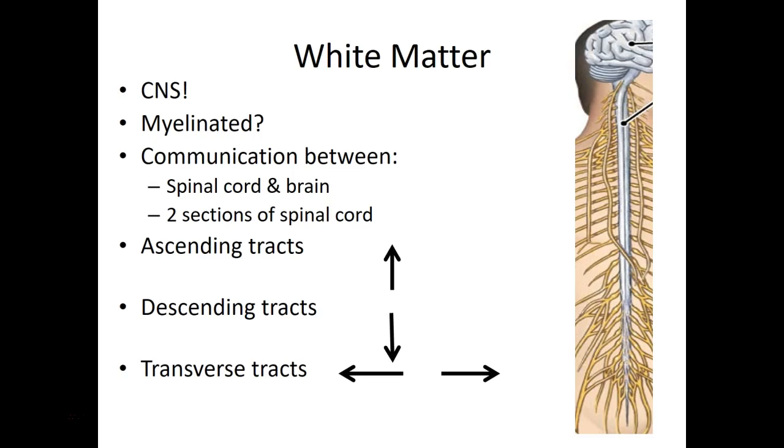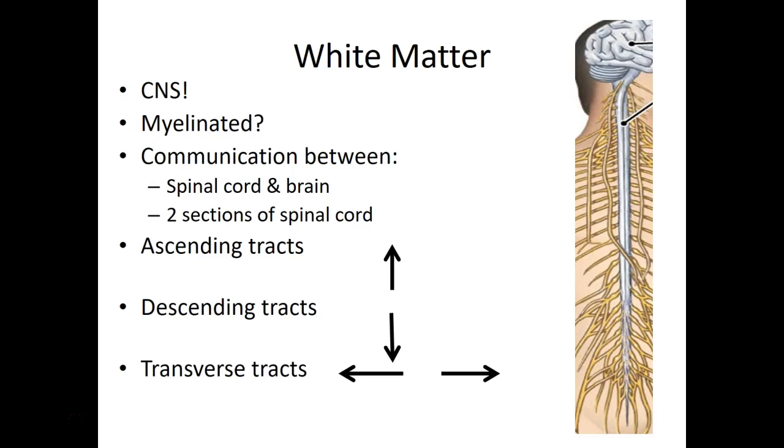Okay, so what about the white matter? So the white matter is conducting the information along the spinal cord. And so here we have myelinated axons. And so a cluster of these myelinated axons in the spinal cord we call tracts.